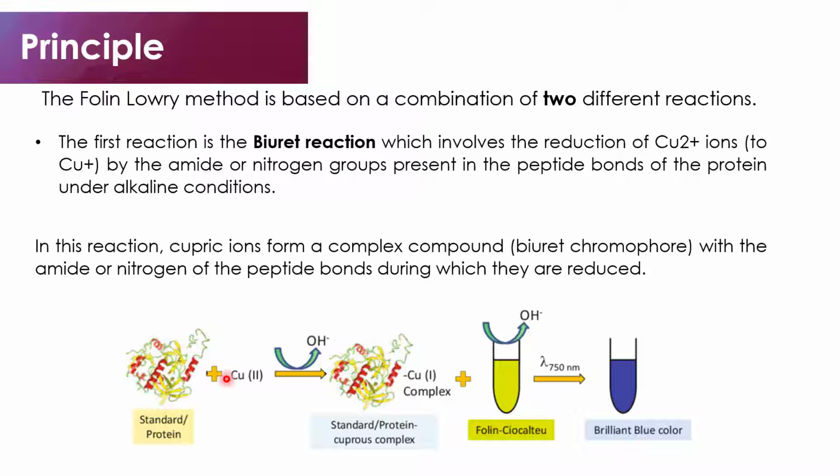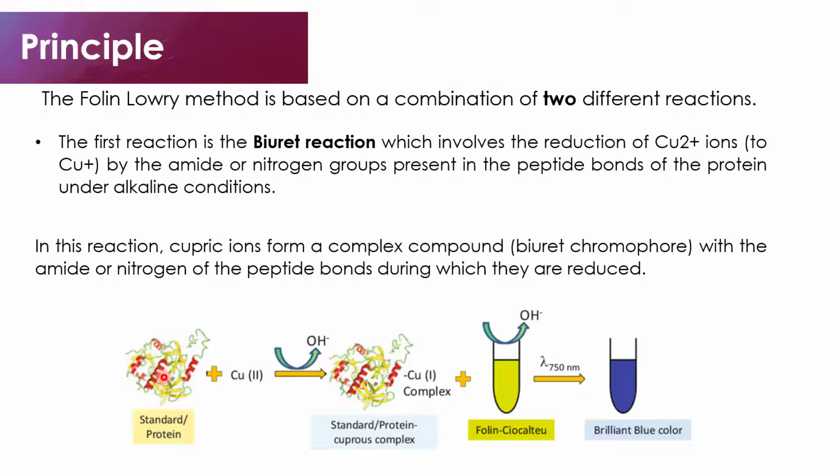This is just a diagram explaining the two reactions involved in the Folin-Lowry method. This is the first reaction, and the introduction of the Folin-Ciocalteu reagent to the production of the final product is the second reaction.